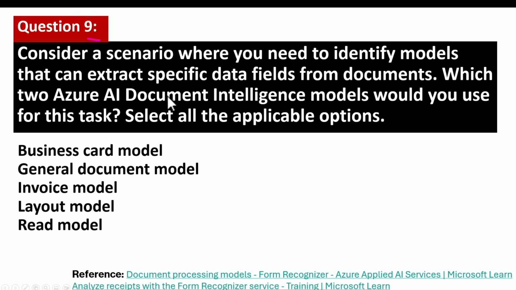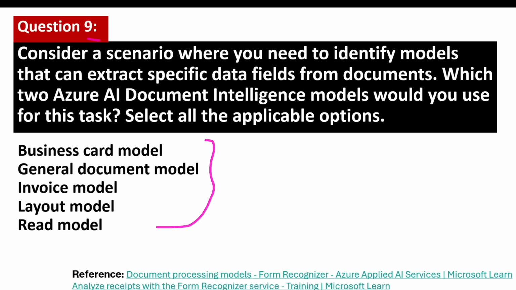Question number 9. Consider a scenario where you need to identify models that can extract specific data fields from documents. Which two Azure AI Document Intelligence models would you use for this particular task? So we are going to look at the two different models which can help identify and extract specific data fields from documents.